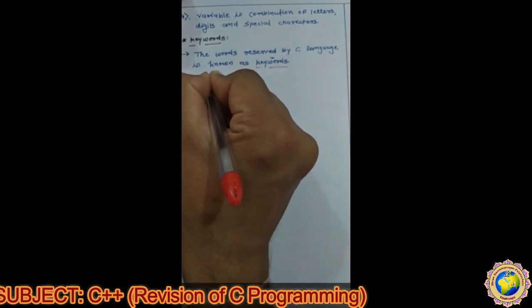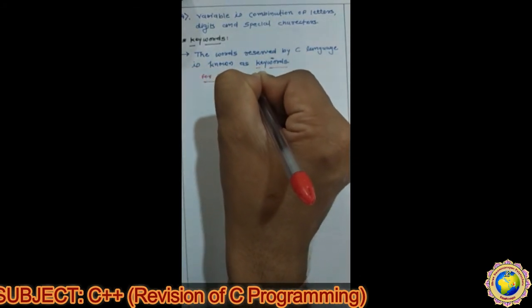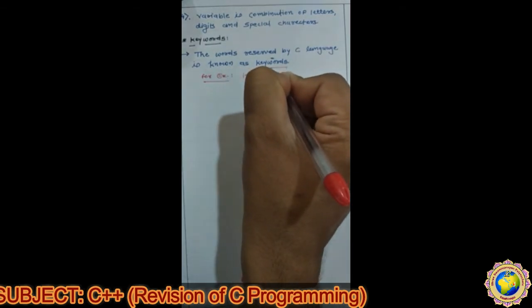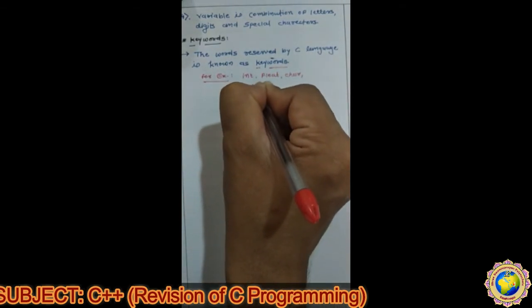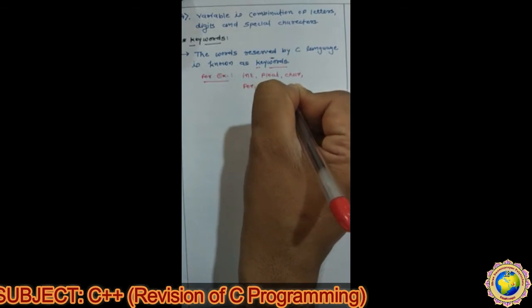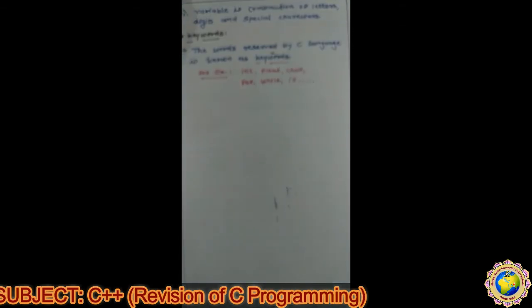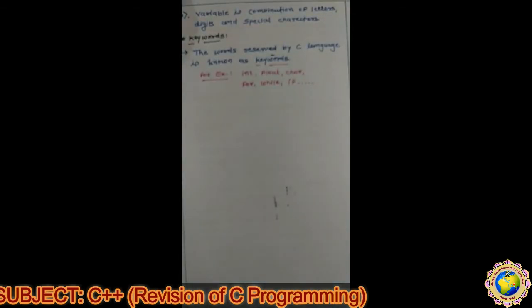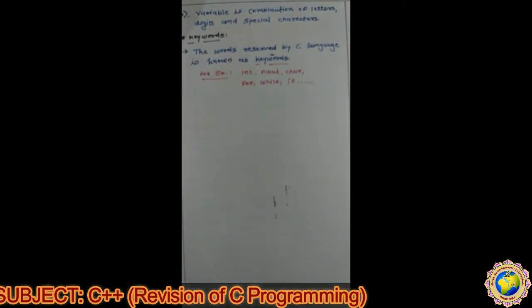For example, int, float, char, for, while, if, and so on. These words are reserved by the C language, so you can say that these are keywords. You can simply say that whatever words are reserved by the C language are called keywords.